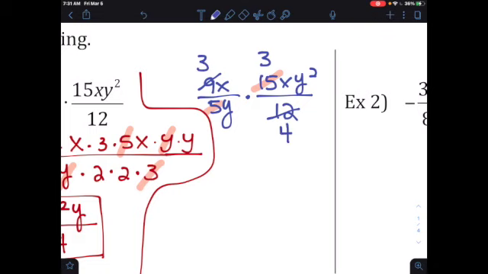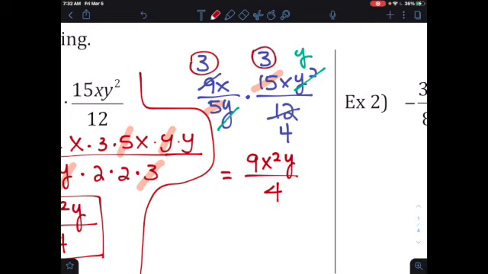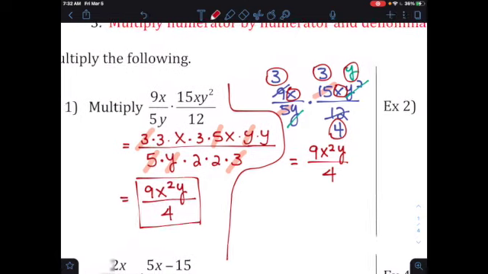And then I notice the y right here can cancel out with this y. And then because of that, all canceled out, nothing else in common: 9x squared y over 4. Because I multiplied the 3, all the x, all the y, that's on top. The bottom is just 4. Either way, you should be able to do it. But that's example number 1.